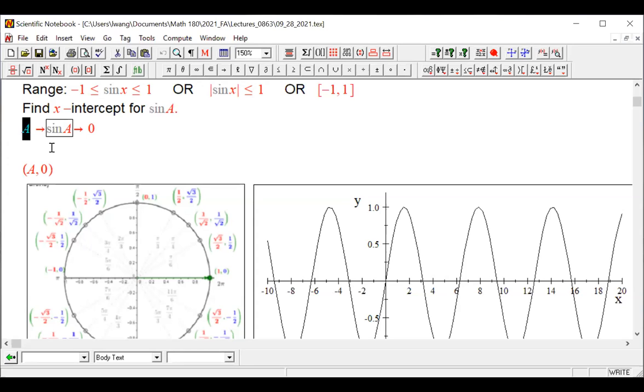So we're looking for all the possible inputs. If sine A is 0, we want to find all the possible inputs A such that sine of A equals 0, right?